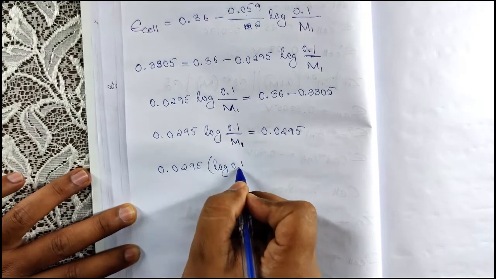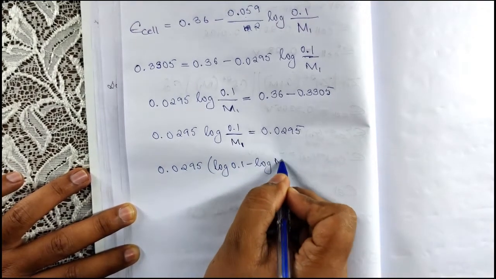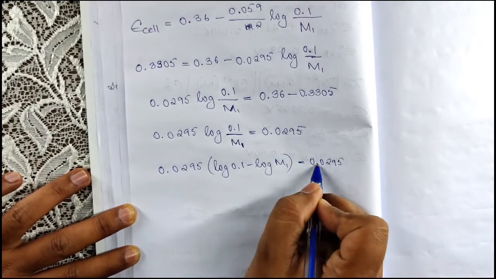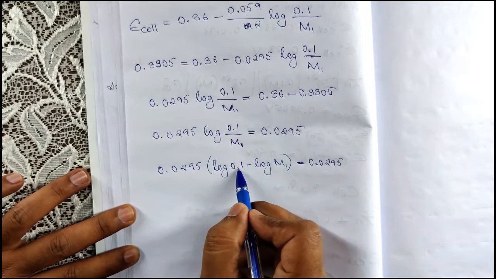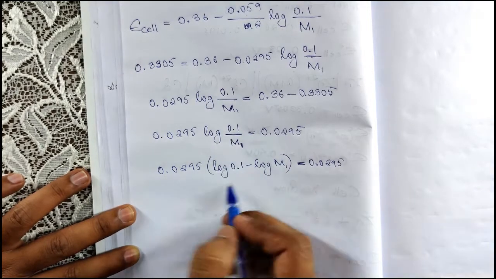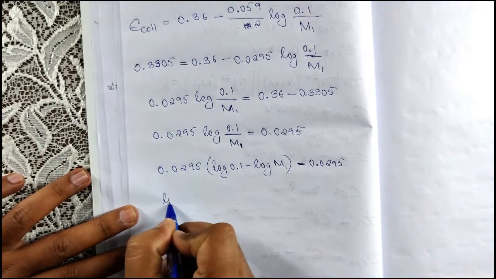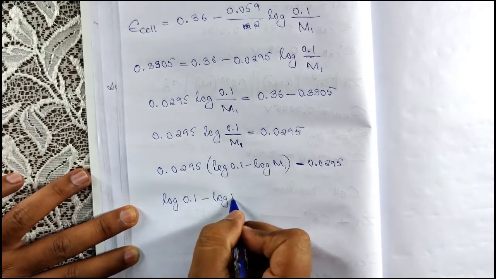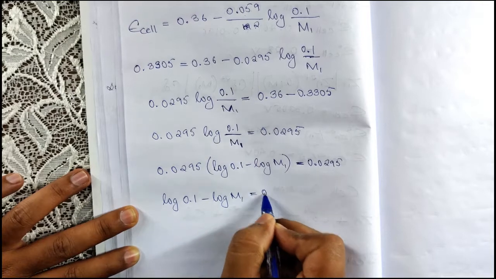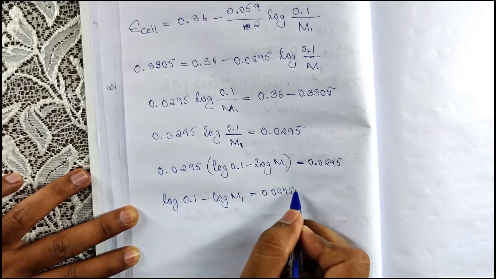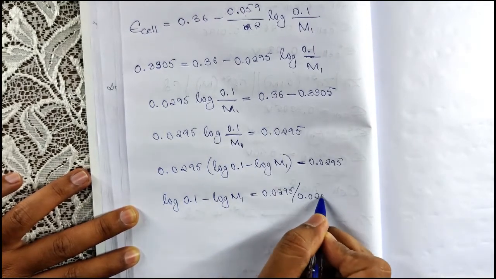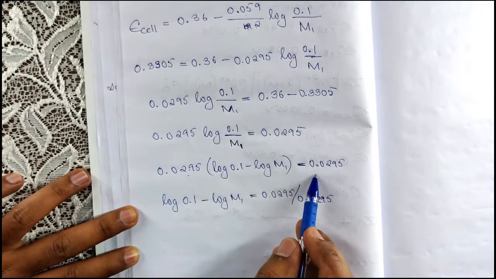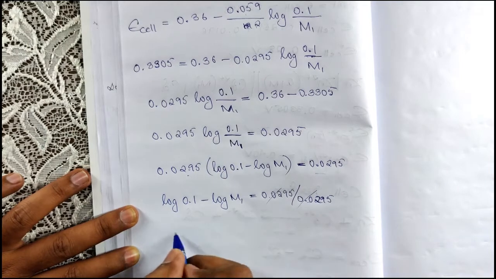Log 0.1 by M1... so I need to divide. I just move this one down here so I can cancel both of them.